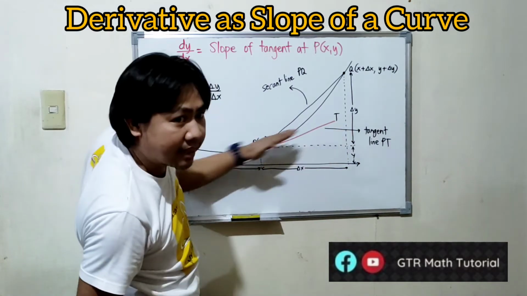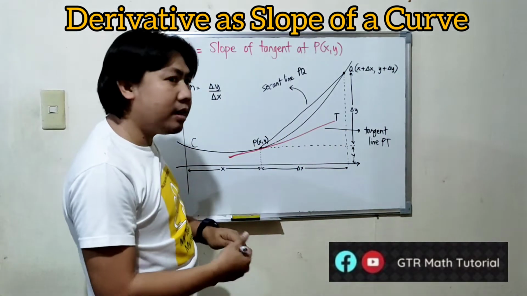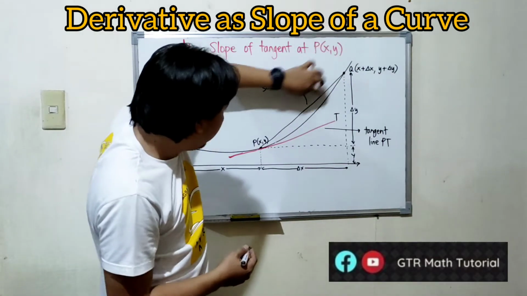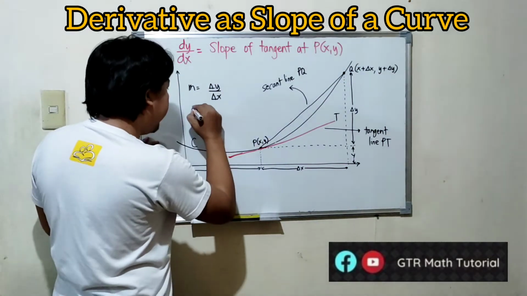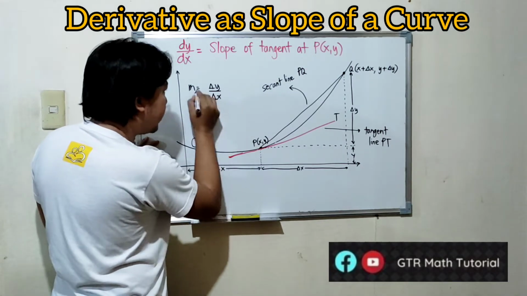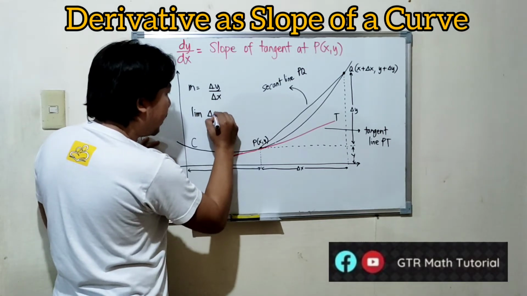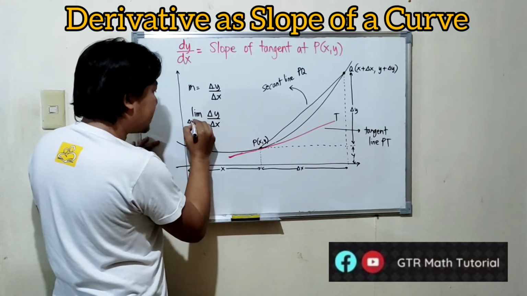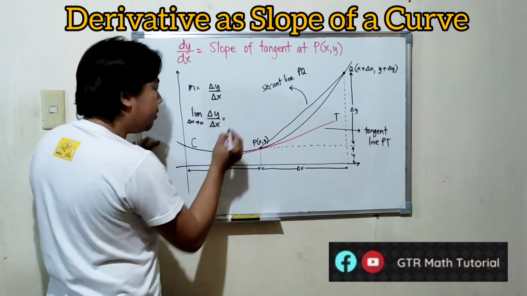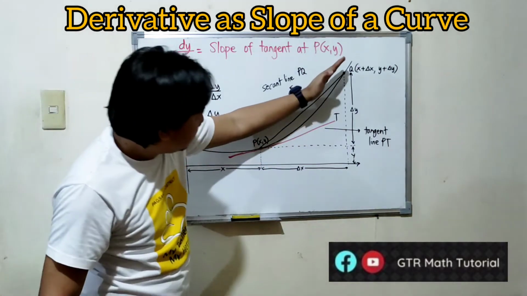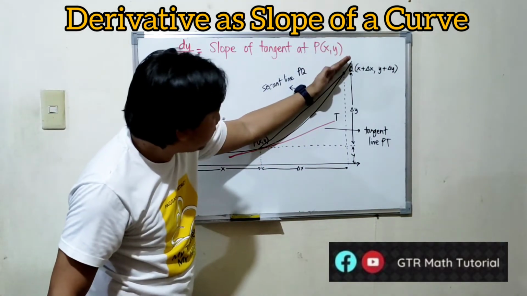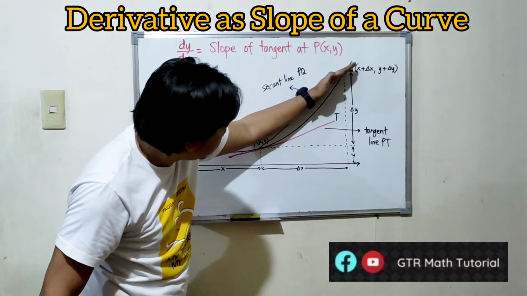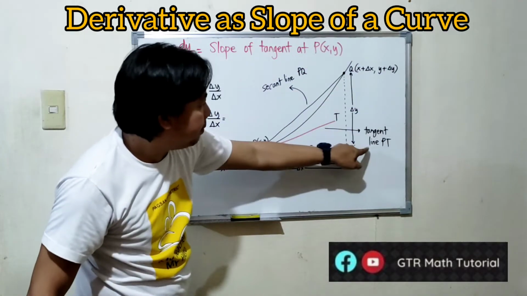So here is the tangent line. So that means if we take the limit of the slope of the secant line, we have delta y over delta x. As delta x approaches 0, the line PQ will approach the tangent line PT.